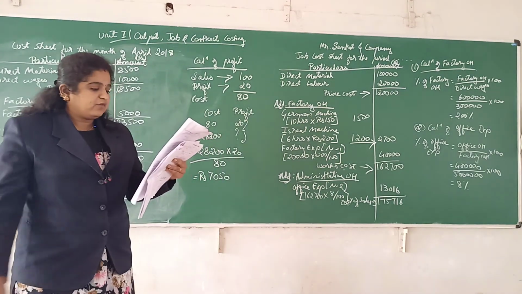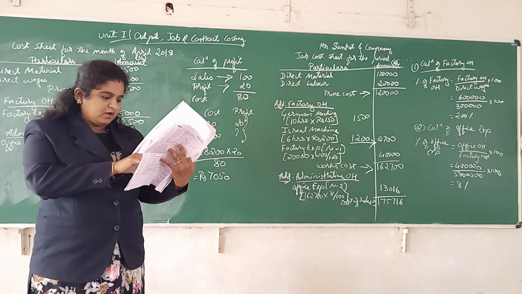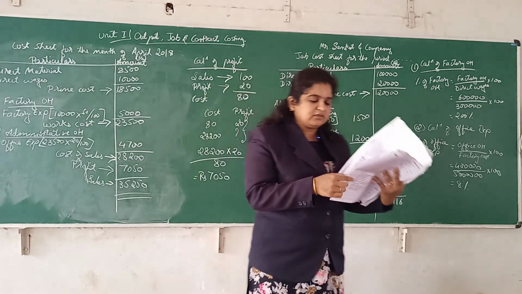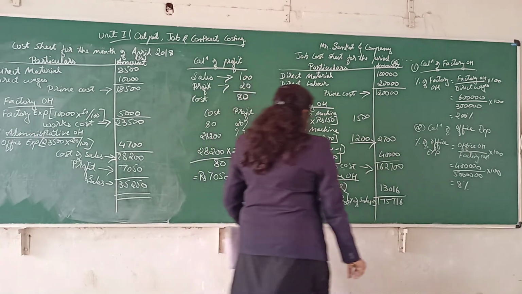Okay, now what they have given is profit and quotation. Make out quotation for job number 106 with 33 1/3% on cost price. So 33 1/3% on cost price they have given.